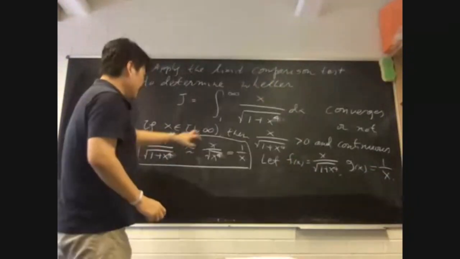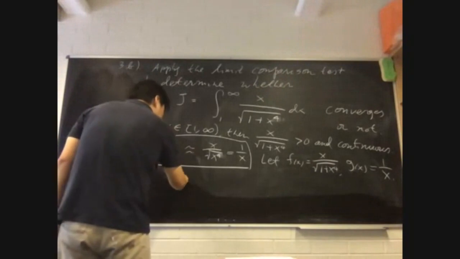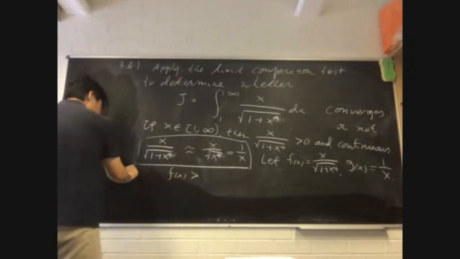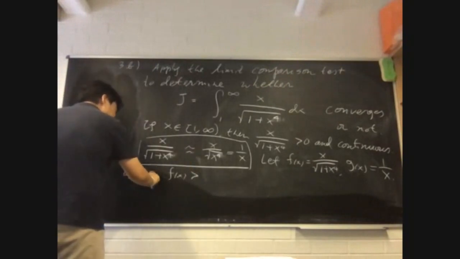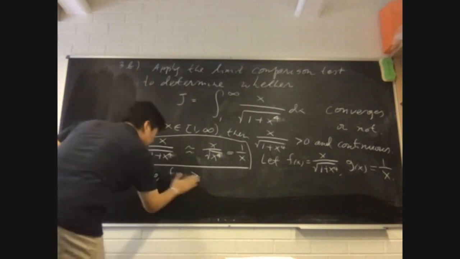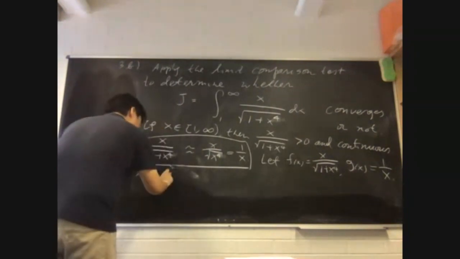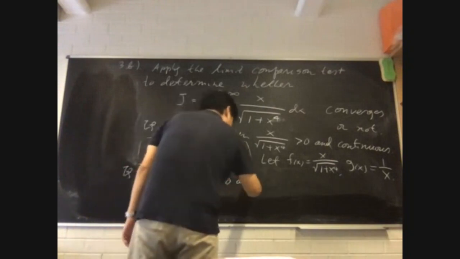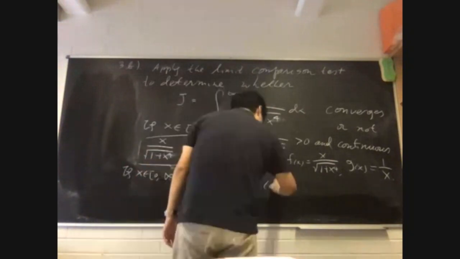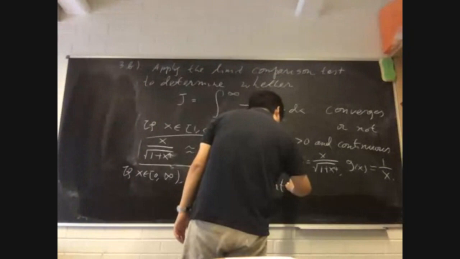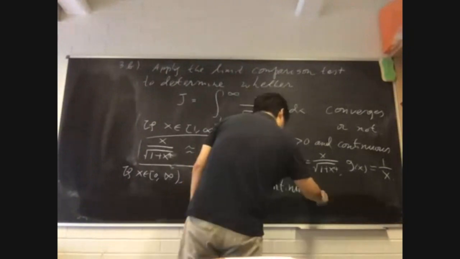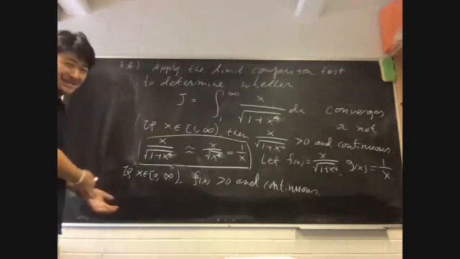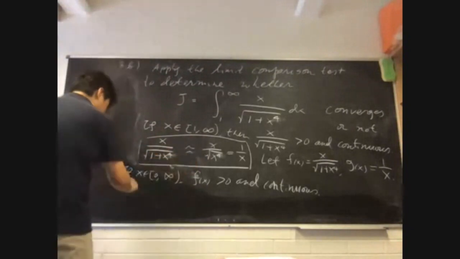So I already know that f of x is positive. So if x is in 0 to infinity, then f of x is positive and continuous. That's already noted before. G of x, well, is 1 over x, that's also continuous.